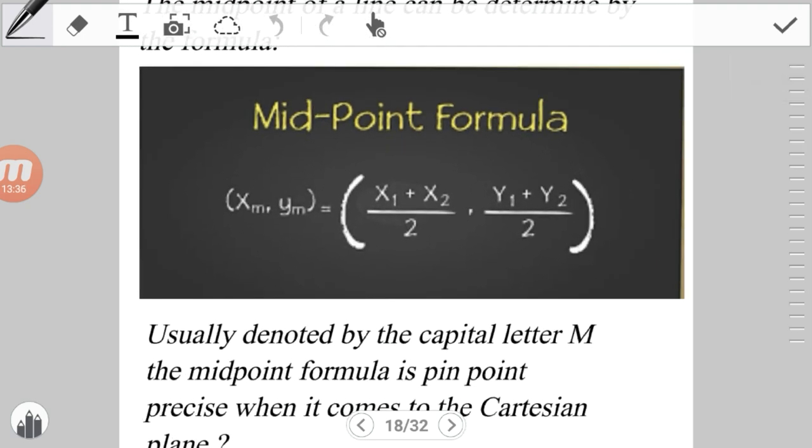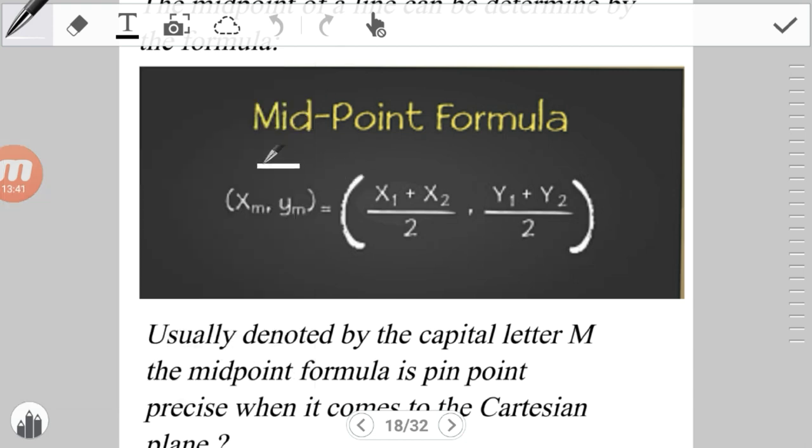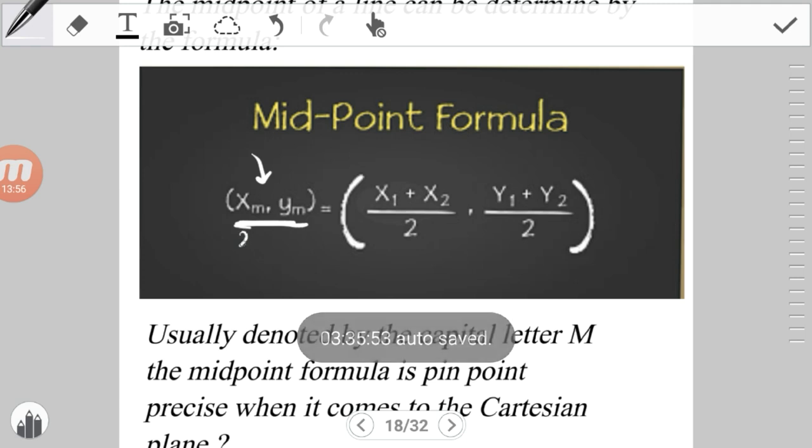The midpoint of a line can be determined by a formula, as you are seeing here on screen. Given that a point has coordinate values xm, ym, we know that typically this is how we name our point: x coordinate first, y ordinate second. xm is like me saying x1, and ym is like me saying y1.